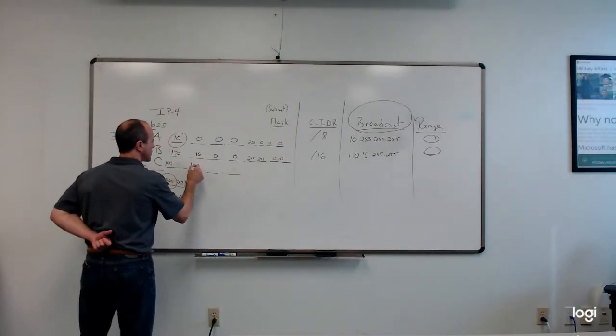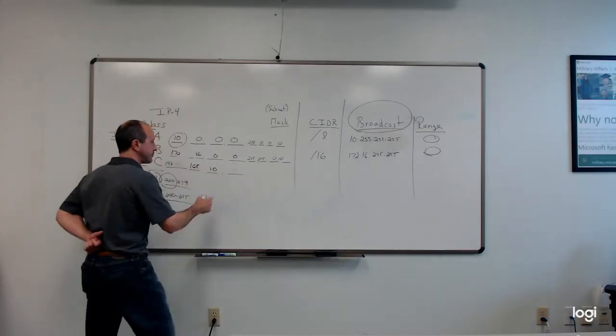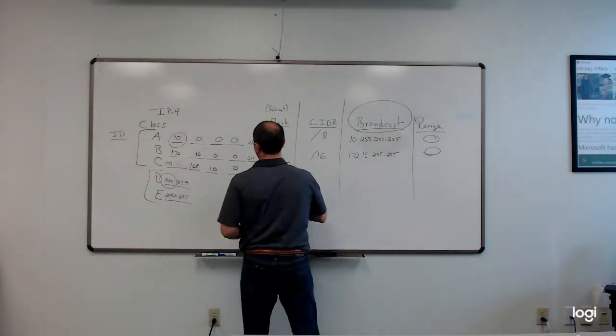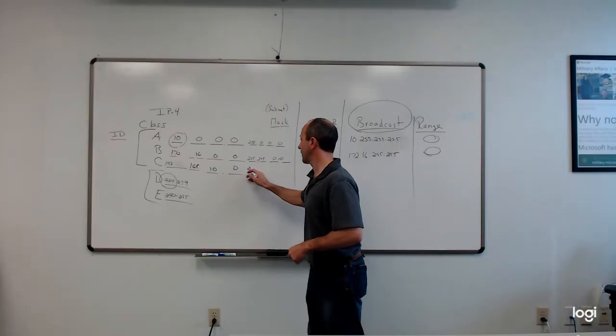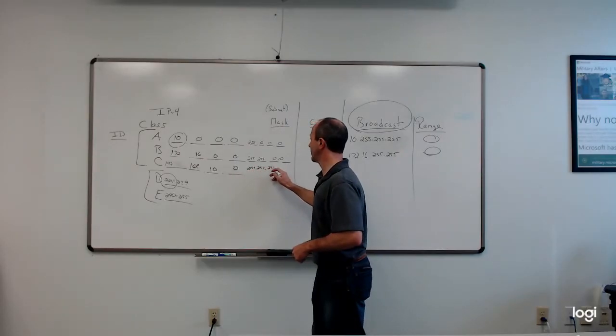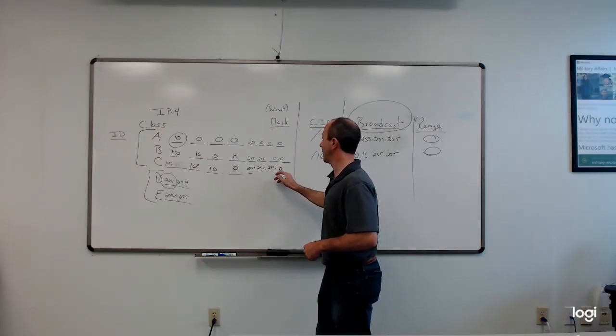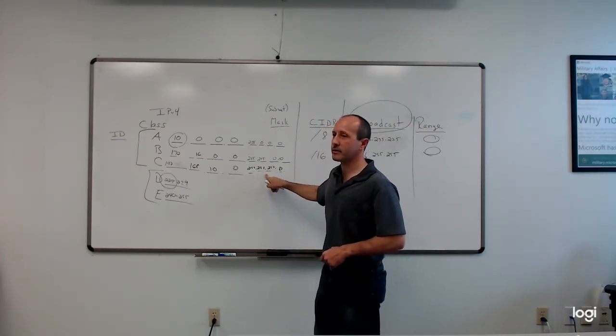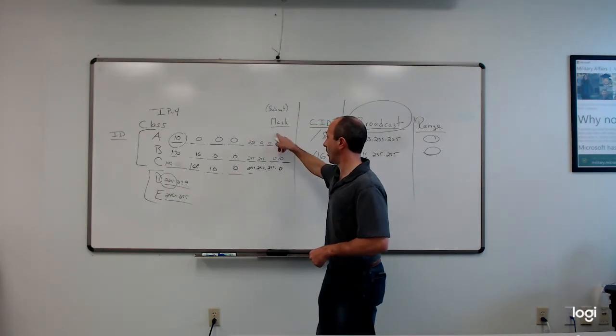192.168.10.0. Mask 255.255.255.0. 3 octets all the way on.